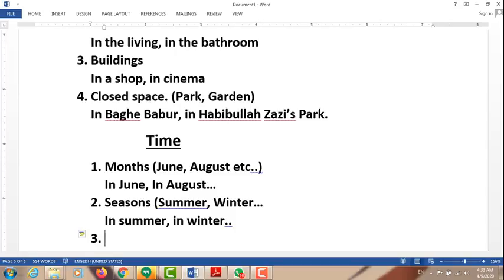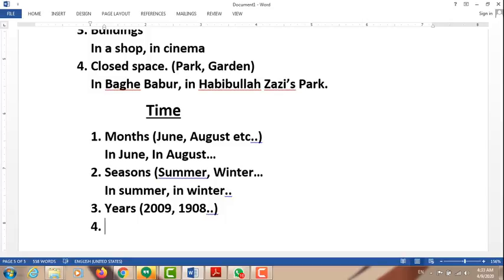And then you can use it for years. For years like 2009, 1908, and so on. Very easy. For example, in 2009. Let me make this one as an example. In 2009 it's a year, so I use what? The preposition "in". And in 1908.